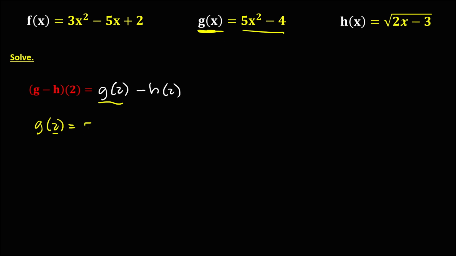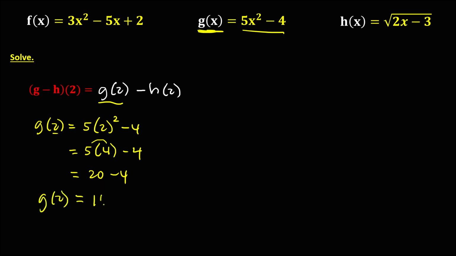So this becomes 5 times 2 to the power 2 minus 4. Then 2 to the power 2 is 4, minus 4. Then 5 times 4 is 20, minus 4. So g of 2 is equal to positive 16.